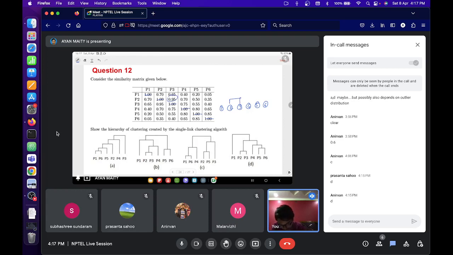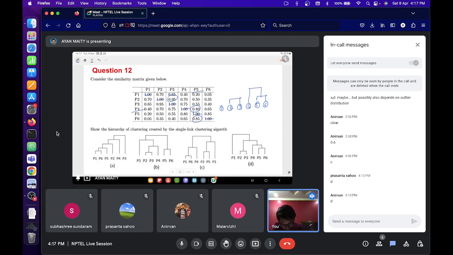And then after that I think 0.85 is the highest, which is between 5 and 6. So in the next iteration 5 and 6 would be merged. In the third step, we again find the highest similarity, which would be 0.80, between 4 and 5. 5 is already part of the cluster 5 and 6, so 4 would merge with this cluster.